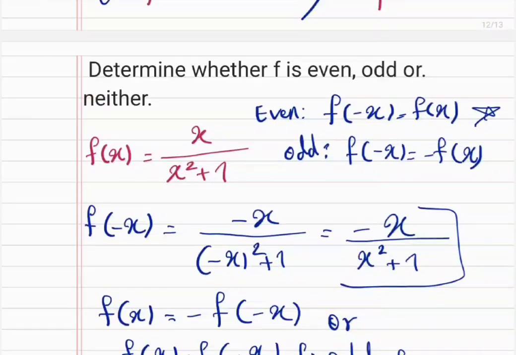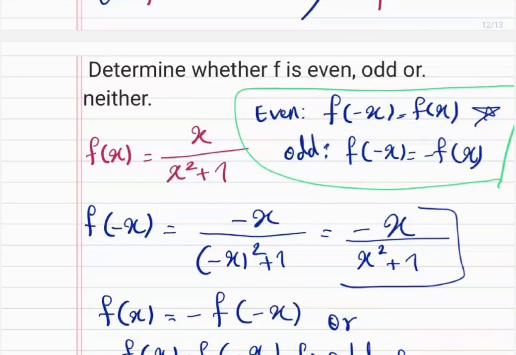The only thing we need to recall before we start this question is the condition which tells us if a function is even or odd. If you find f of minus x and you get f of x, that means the function is even.